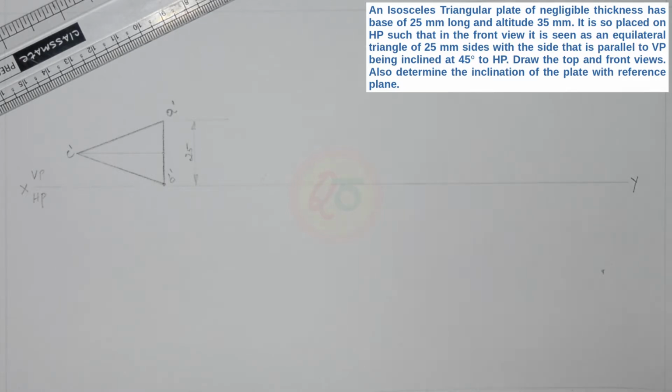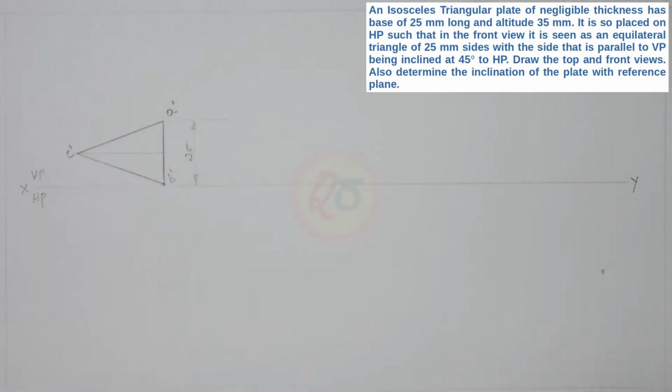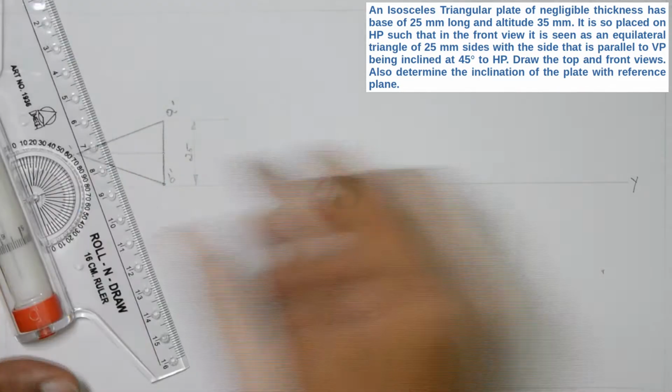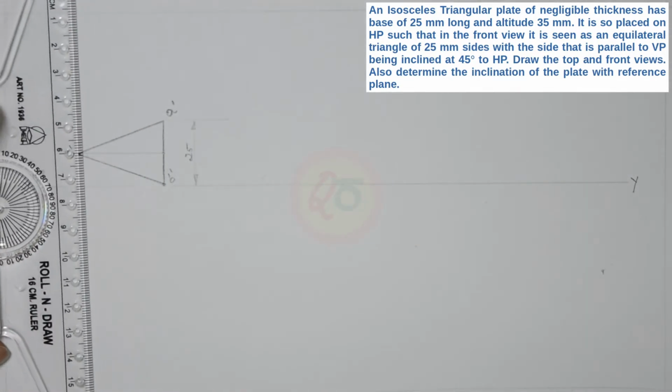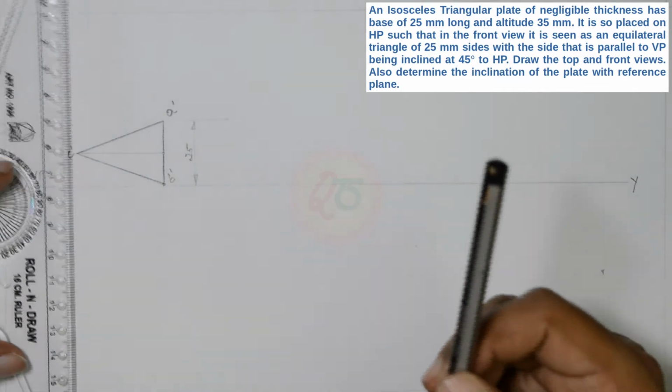Now, we need to project this isosceles triangle onto the top view. In the top view, it is again seen as a straight line.